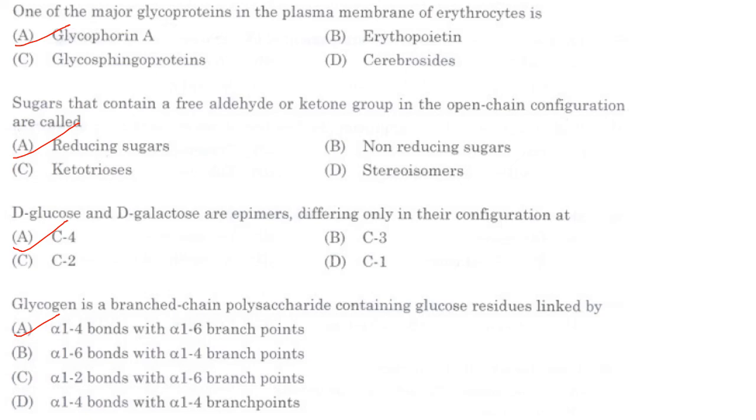Glycogen is a branched chain polysaccharide containing glucose residues linked by alpha 1,4 bonds with alpha 1,6 branch points. In glycogen, the glucose residues are linked to each other by alpha 1,4 glycosidic bonds, and the branches are linked by alpha 1,6 branch points.